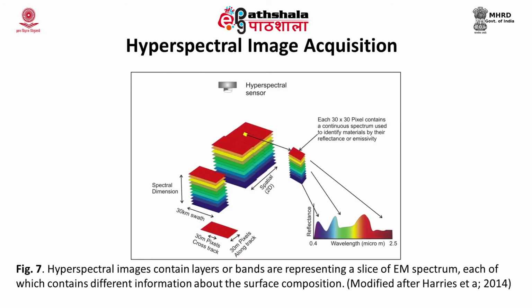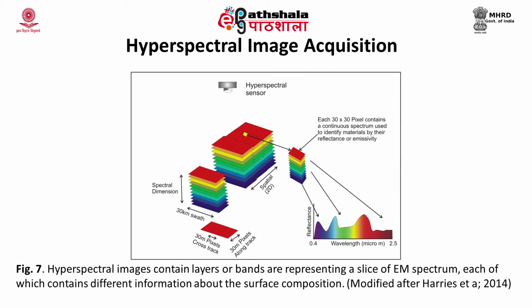So, here you can see how exactly we acquire these hyperspectral images. The hyperspectral sensor continuously collects information for different bands. Each pixel, depending upon the pixel size, here 30 by 30, contains a continuous spectrum used to identify material by their reflectance or emissivity, and for a particular mineral or rock, we are continuously getting information for each wavelength.